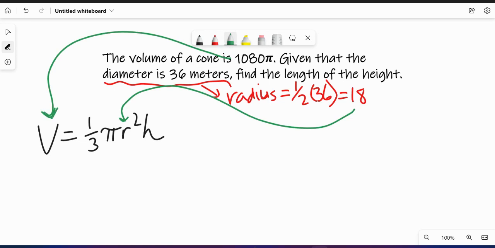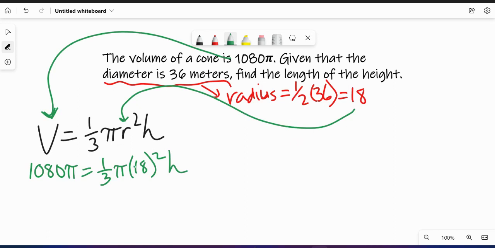So I'm going to have 1080 pi equals 1/3 pi times 18 squared times the height.